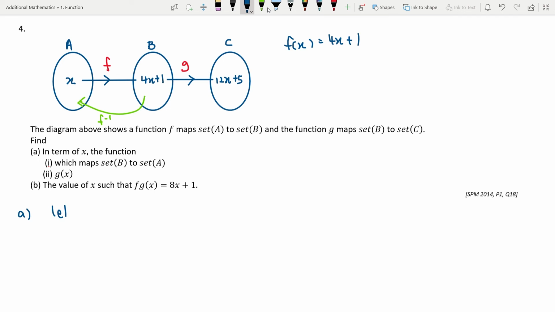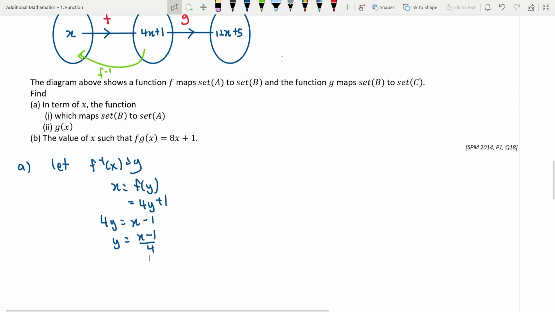We let f inverse of x equal to y, x equal to f of y. Substitute y into the function f, we have 4y plus 1. Make y the subject, y equal to x minus 1 over 4. So therefore, f inverse of x is equal to x minus 1 over 4.